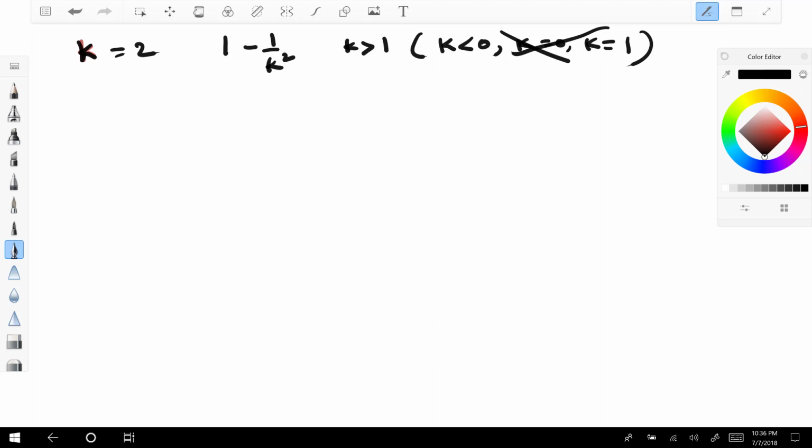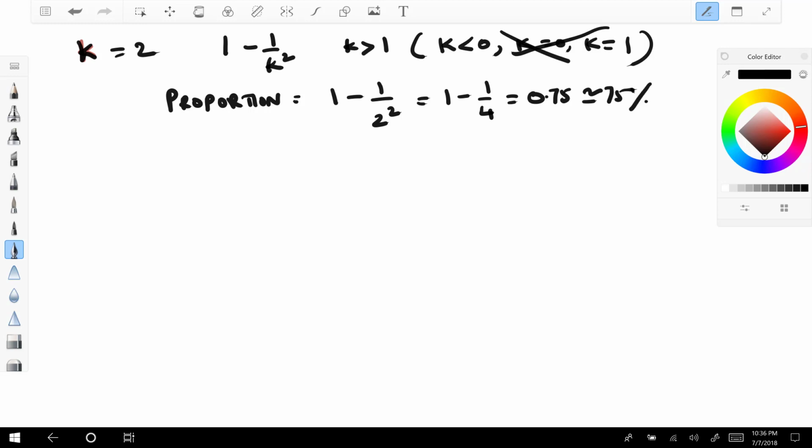So when k is equal to 2, our proportion would be 1 minus 1 by 2 square. So this is 1 minus 1 by 4. So this is going to be 0.75 or 75%. So what this is saying is 75% of the data will lie within two standard deviations of the mean.